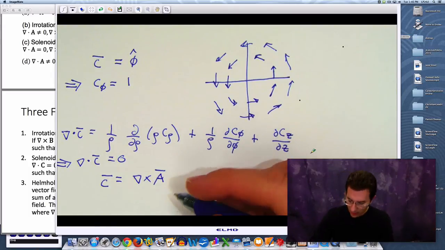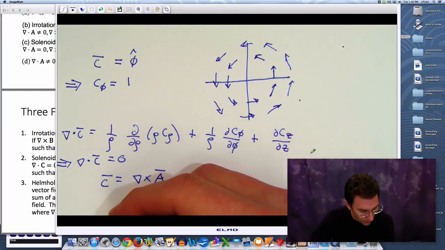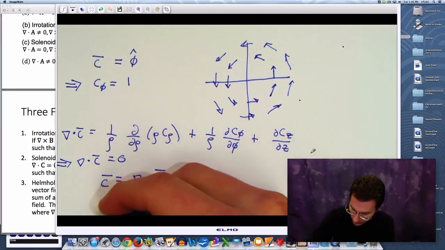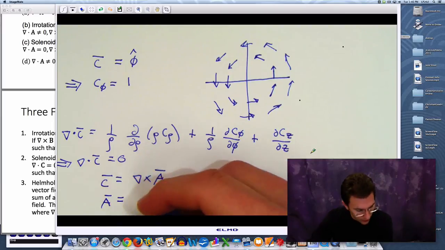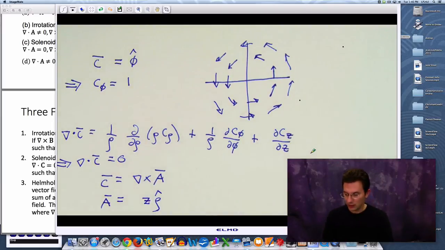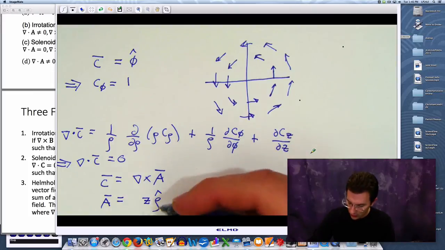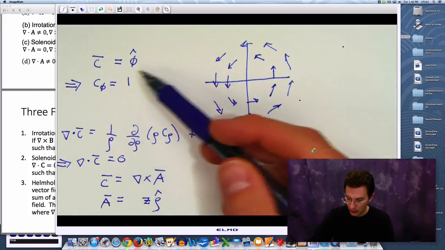And a good candidate for this guy, let's try A is equal to Z rho hat. All right? And then we'll take the curl of this guy, and we'll see if the curl of A is in fact equal to C, which is phi hat.